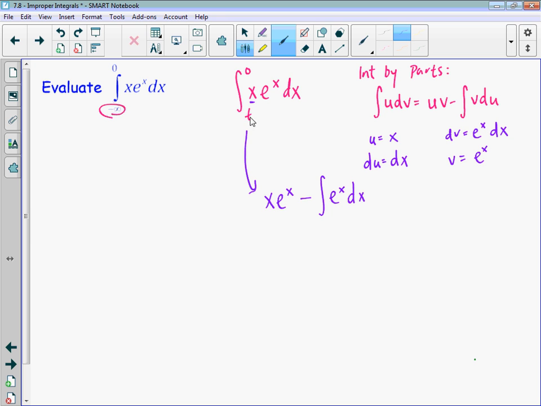I'm not going to write equals either because I'm not keeping the limits on there. Okay, so if I actually finish this part out here, I end up with x e to the x minus e to the x. And I would have a plus c. Am I really in need of the plus c for this problem? No, because I've got limits on there, so I'm going to leave it off. Notice I'm not writing anything equals anything, so this is just my scratch work, okay?